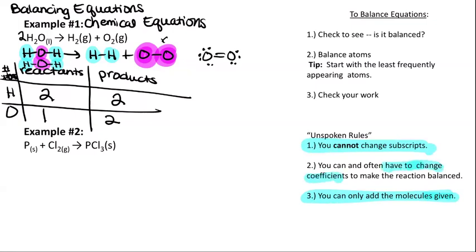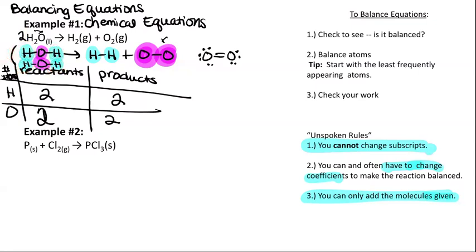Okay, so that's exactly what I did. I said, I'm going to add an extra water to get that extra O. Now let's check. So now I have 2 O's. Yay. But what happened to the number of hydrogens I have? I have 2 in front, which means I have 2 sets of these. 1, 2, 3, 4.